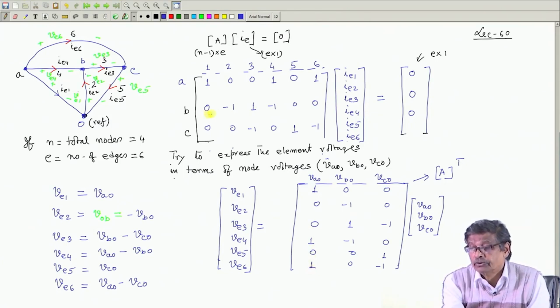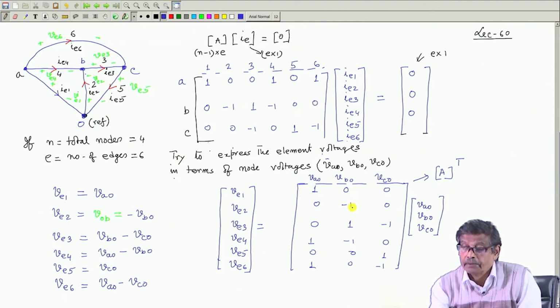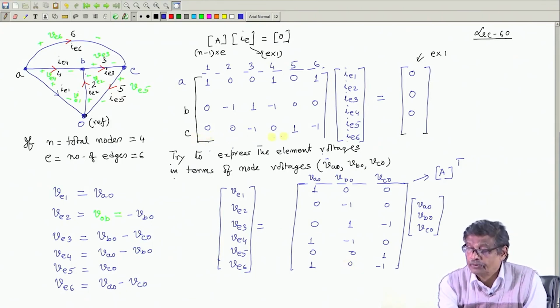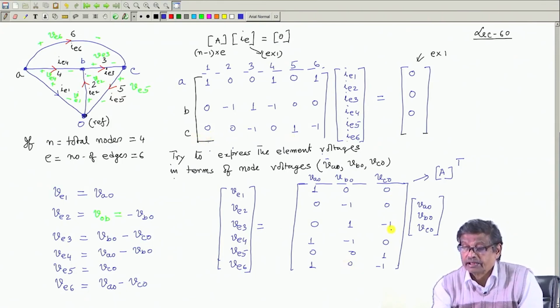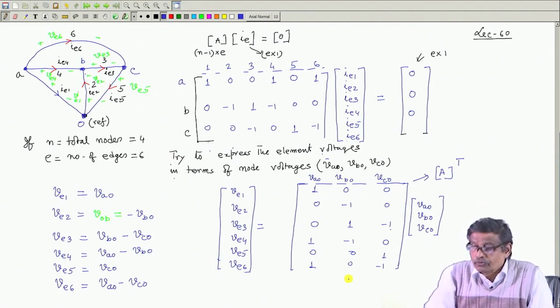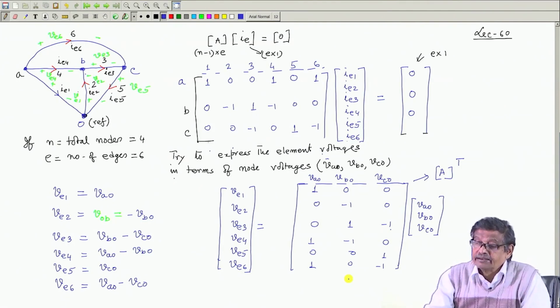Similarly, second row 0 minus 1 1 minus 1 0 0. Third row 0 0 minus 1 0 0 minus 1 has become the third column 0 1 minus 1. So, it is no new matrix.